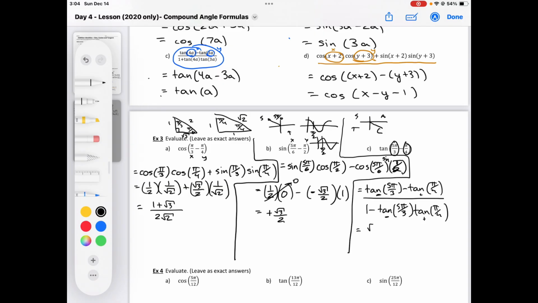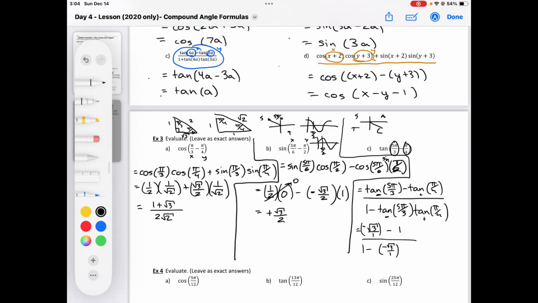So tan of pi over 3 is opposite over adjacent, minus tan of pi over 4, which is just 1. Then I'm going to have 1 minus tan of 5 pi over 3, which is the same value as above, minus root 3 over 1.